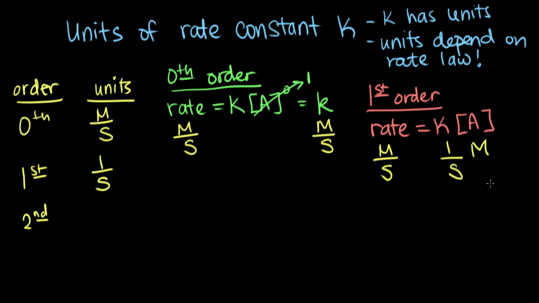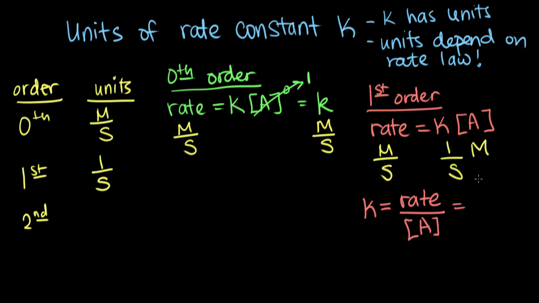The other way we can try to figure out the units here, if you're not comfortable with back calculating what the units are, is we can actually rearrange this rate law. So if we just put K on one side and everything else on the other side, we get that K is equal to rate divided by the concentration of A. So all I did was divide both sides by the concentration of A. And since we know that the units on both sides of the equal sign have to be the same, we can figure out the units of K by dividing the units of rate by the units of concentration.